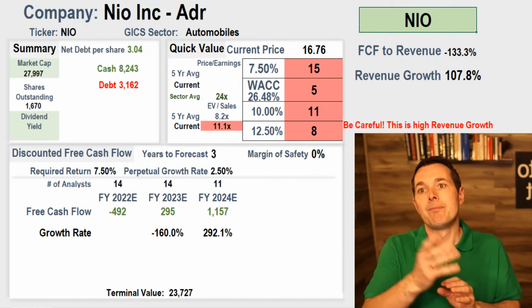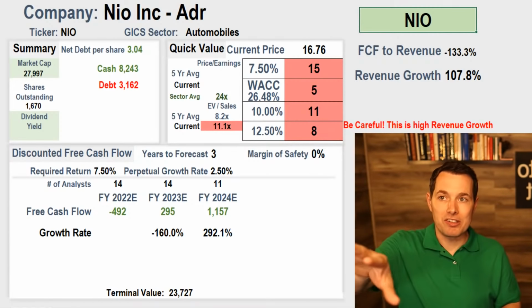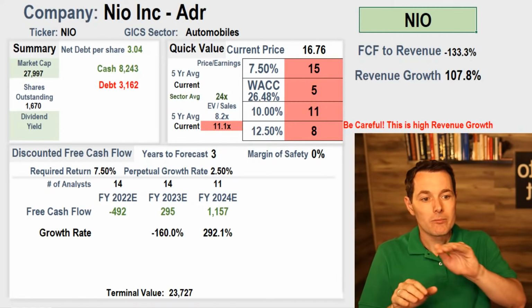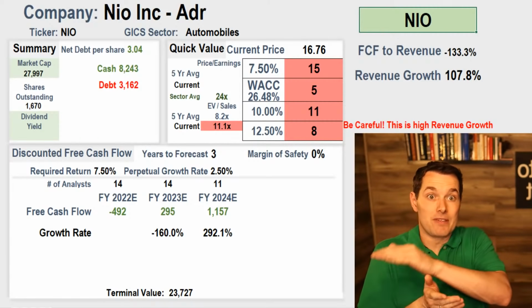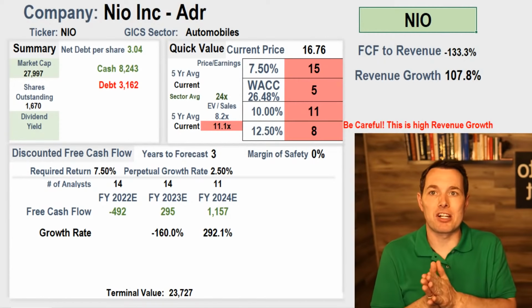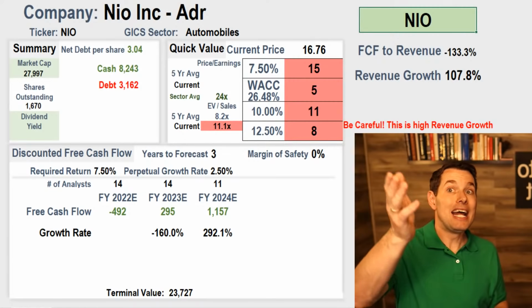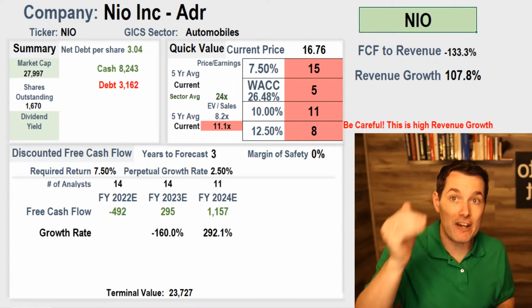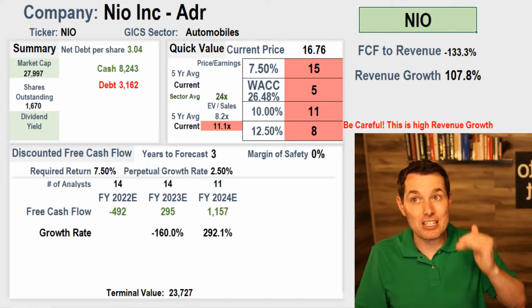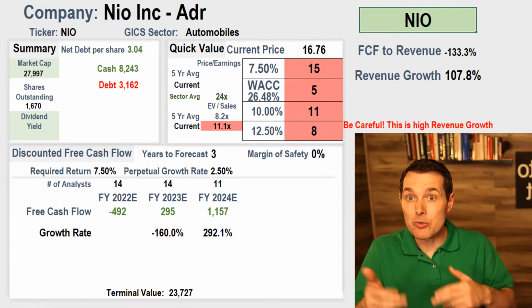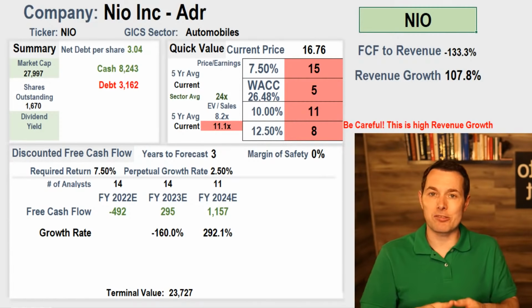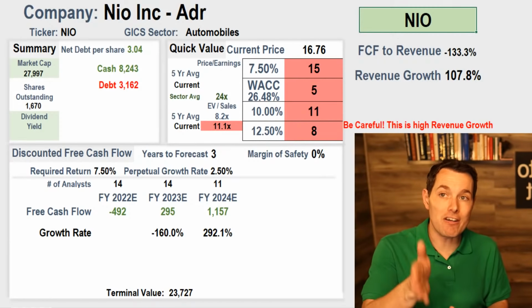All right, does it look good? We could absolutely argue this is way too conservative because in the fourth year we're assuming 2.5% growth, which is not high enough. And given that our 7.5% gives it a fair value of 15 and the stock's at 16 right now, I'll bet you when we do our own adjustments after we've done our research, it is very possible.